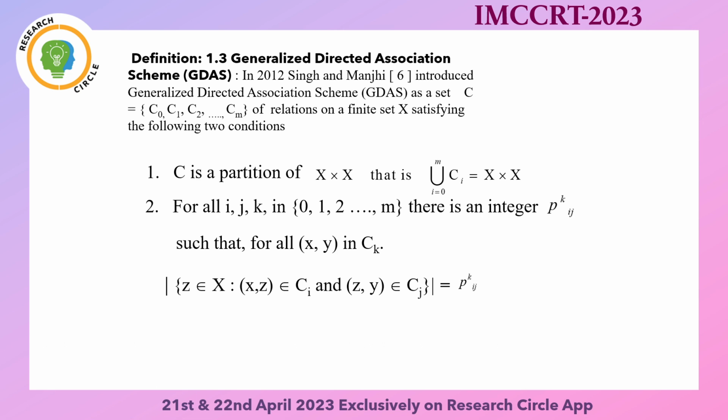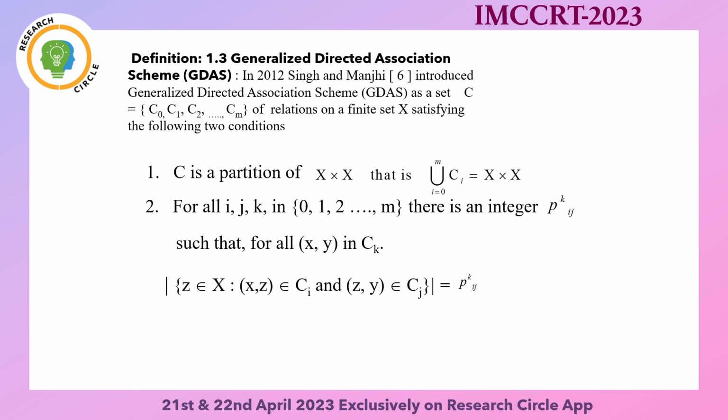Now we come to the definition of generalized directed association scheme. Generalized directed association scheme was defined by Singh and Maji, which is a generalization of coherent configuration by removing the second and third conditions of coherent configuration. So here basically we have only two conditions.